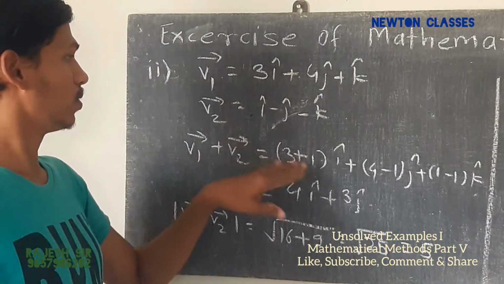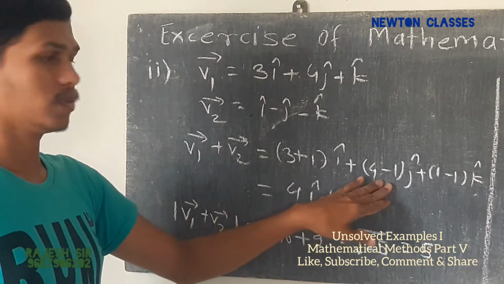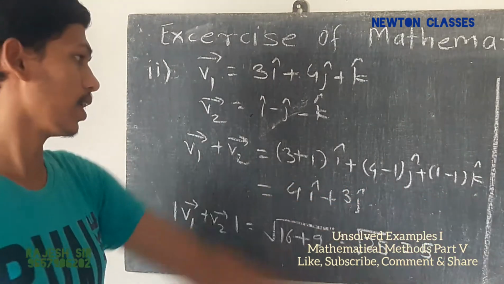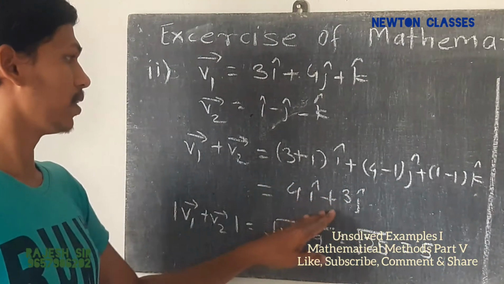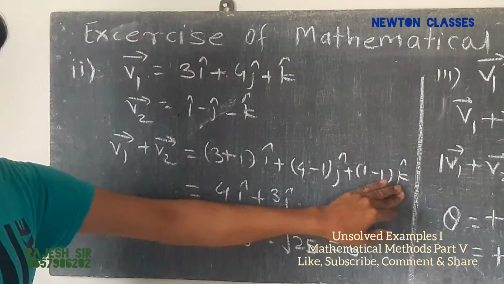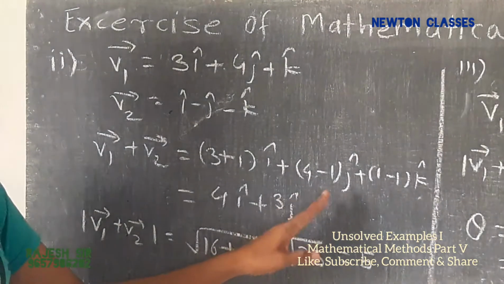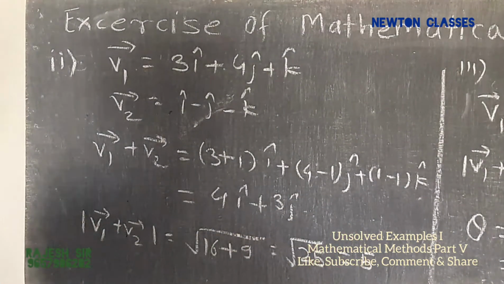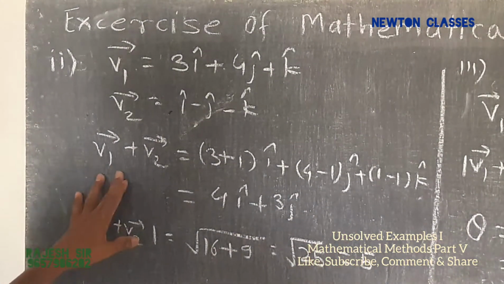We get 3 plus 1 i cap plus 4 minus 1 j cap plus 1 minus 1 k cap, equal to 4 i cap plus 3 j cap. Here the coefficient of k cap is 0, therefore it will be neglected.